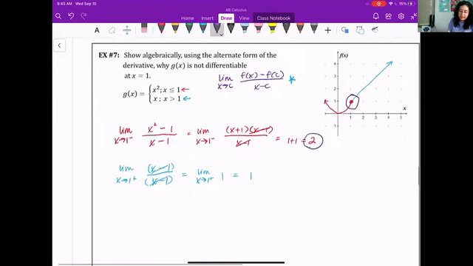Now I can see, does my limit from the left agree with my limit from the right? No, it does not.